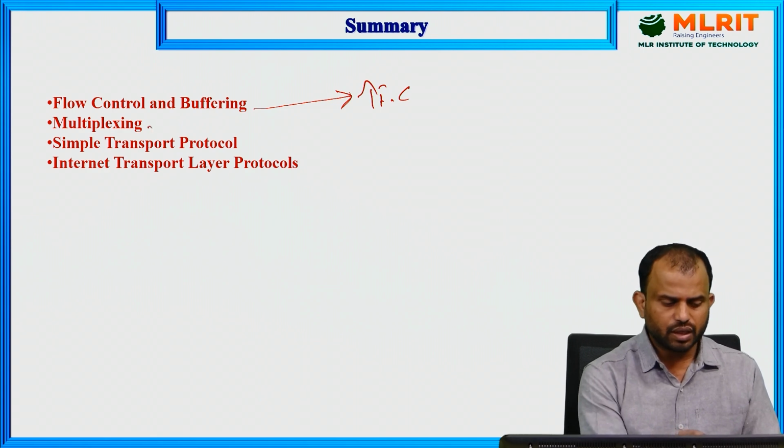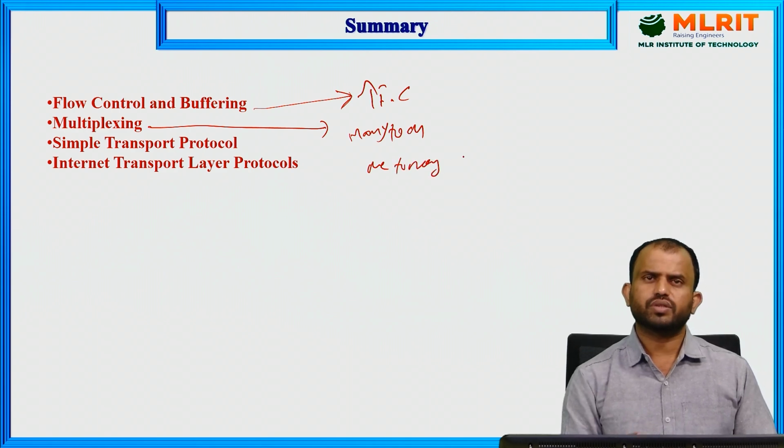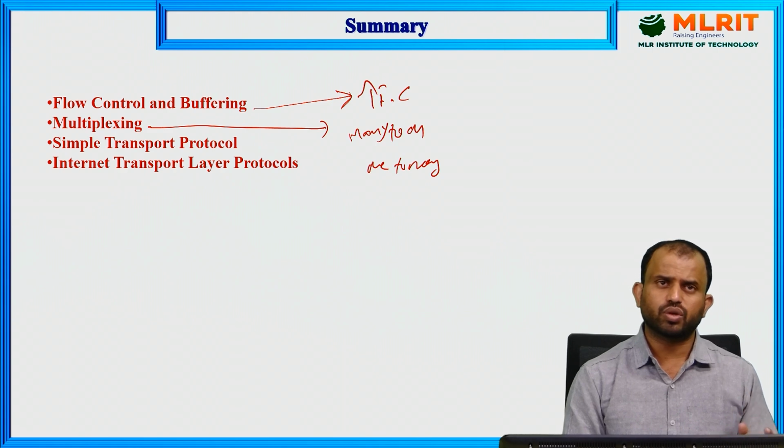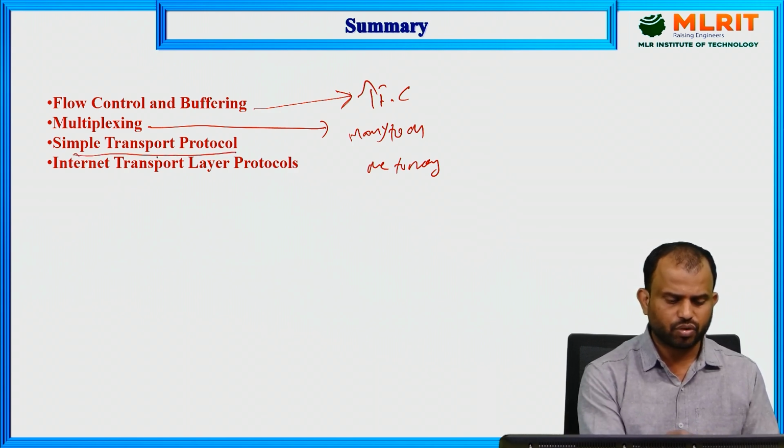In the multiplexing section we discussed how many to one connections or one to many connections are established, how the information is transmitted, how the multiplexing technique works, and information transfer from host 1 to host 2, what kind of data units we require and what kind of service access point is required. We discussed this along with the transport layer and the simple transport protocol layer.